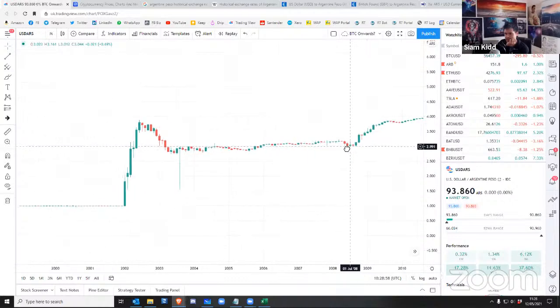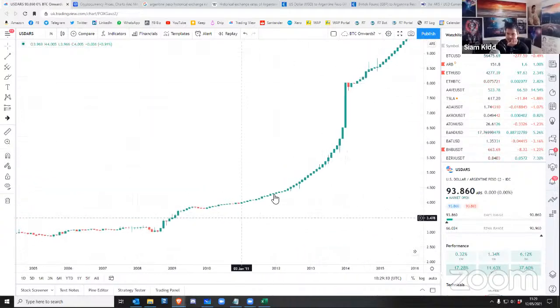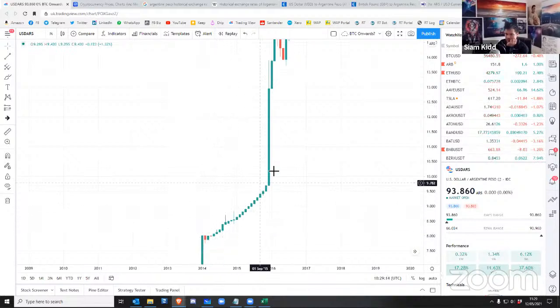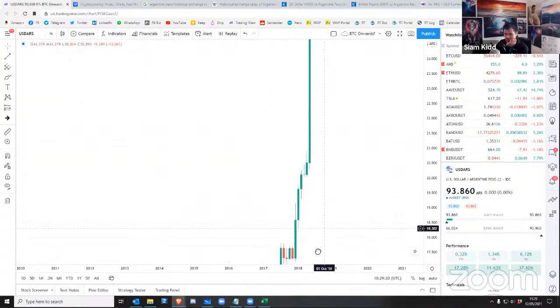So, 6 years. And then the Argentine government got in so much debt. They're like, oh, let's just print a silly amount of money every month to pay our debts. And that's why you start seeing this constant devaluation. Constant. The people of Argentina don't have a chance unless they're switched on.